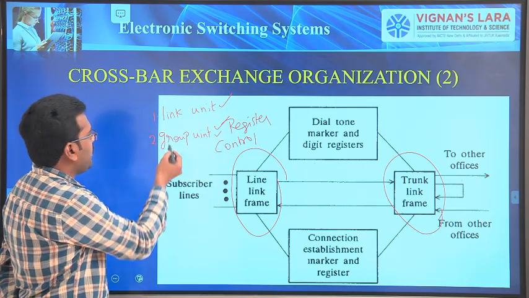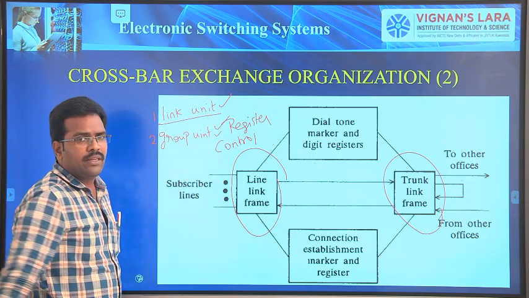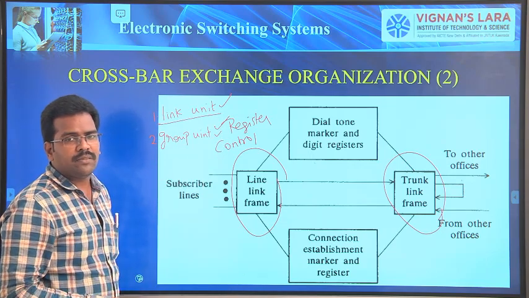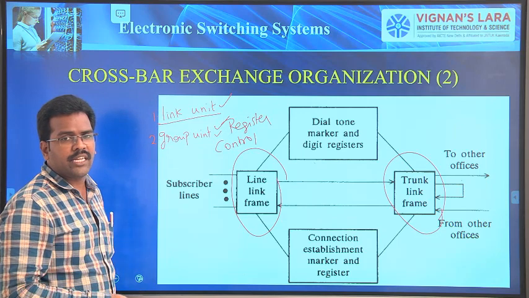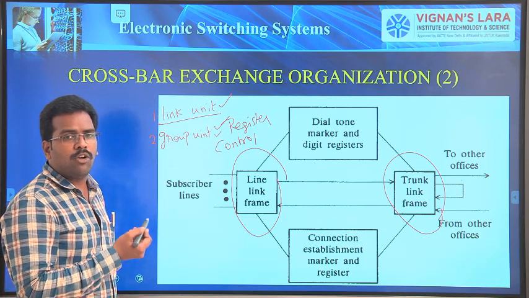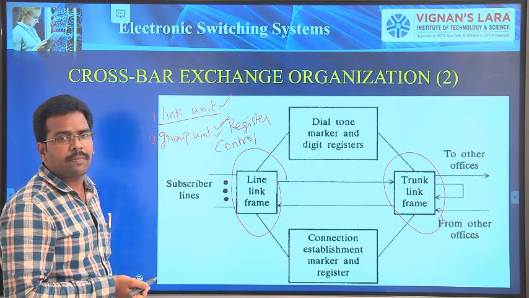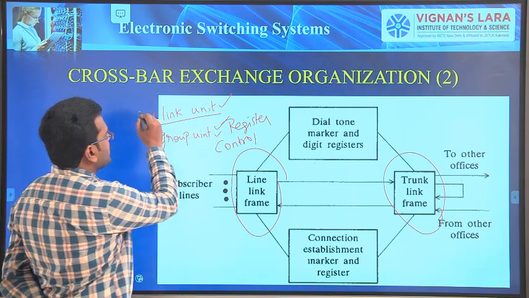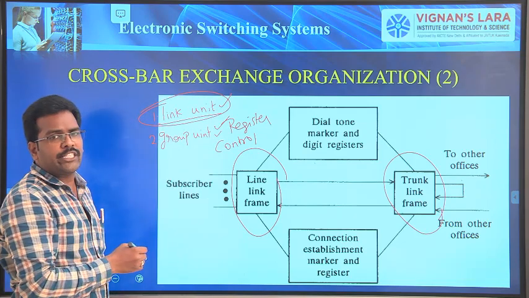So what are the elements present in a link unit? Nothing but your link frames, the primary stage and secondary stage, along with the control markers and registers. These link units are two directional.